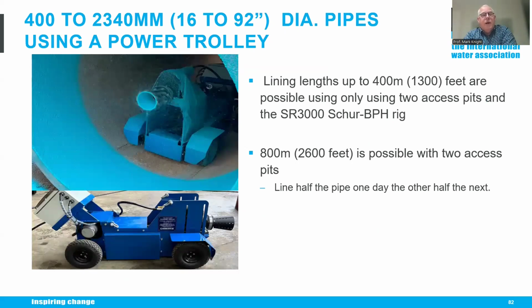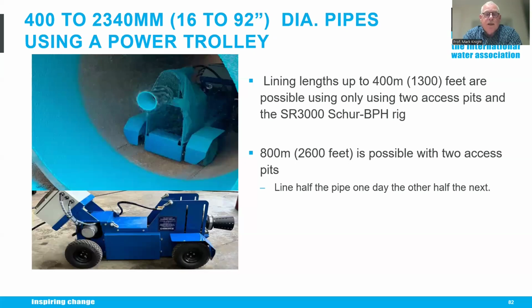For larger diameter applications, we can do anywhere from 100 millimeters to 2,300 millimeters in diameter pipes. That's 16 to 92 inches. When we get into larger diameter, we can go to a power trolley instead of that spray head that's being pulled by the rig. So this is an automated system that's auto-powered. And in this case, we can do longer lengths because the umbilical is much longer.